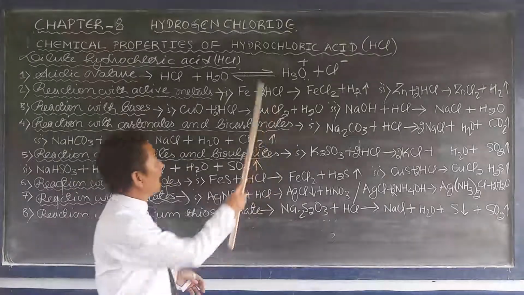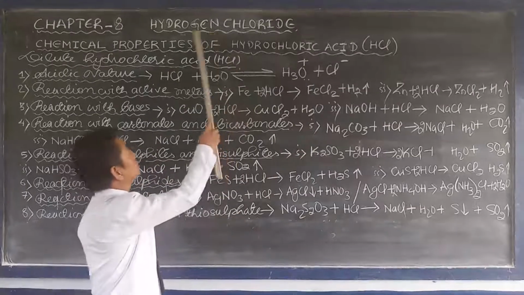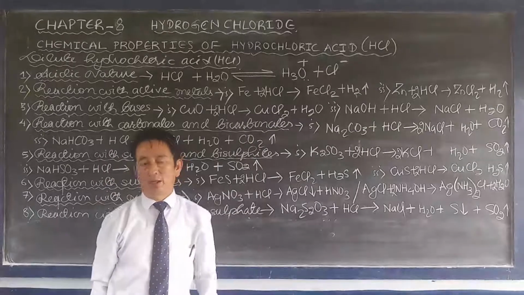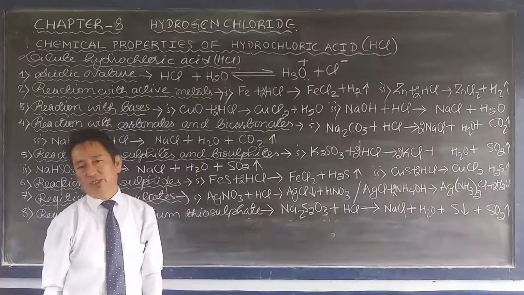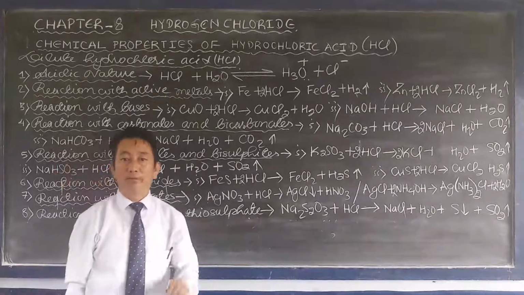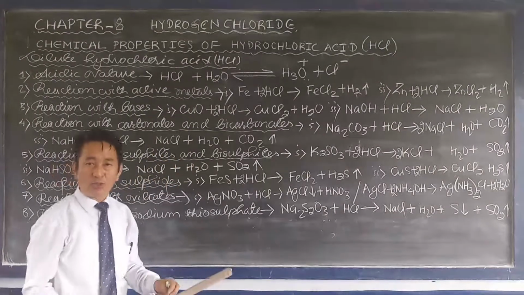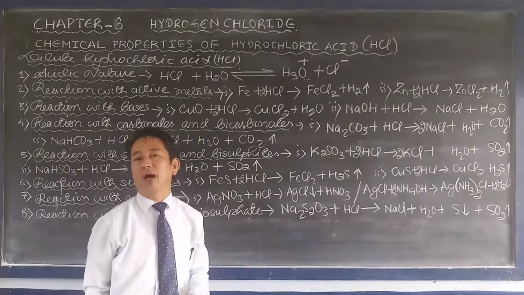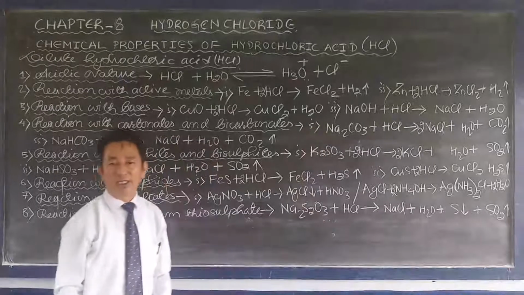As you know, hydrochloric acid can be prepared by dissolving hydrogen chloride gas in water by means of an inverted funnel arrangement. This funnel arrangement prevents backsuction of water, and it also provides a large surface area for the absorption of hydrogen chloride gas to form hydrochloric acid.